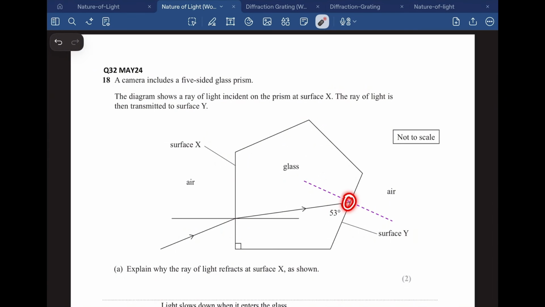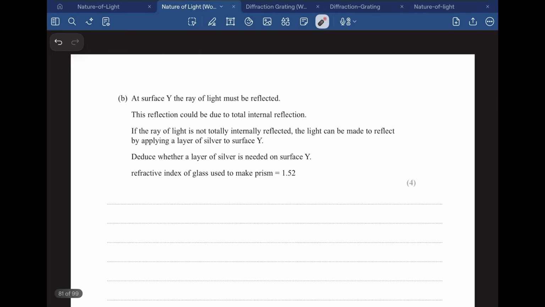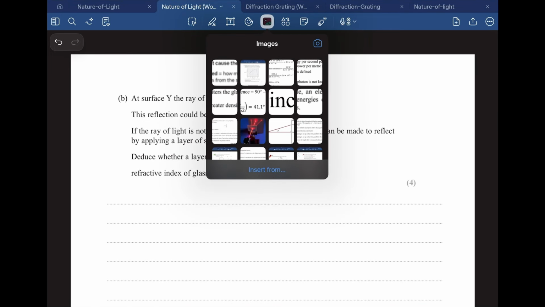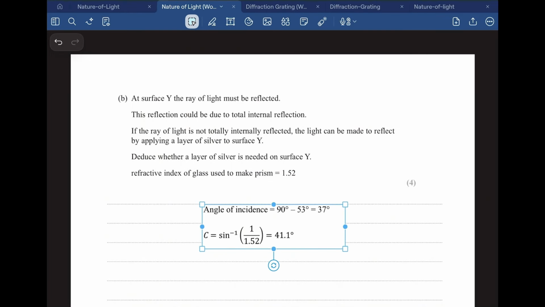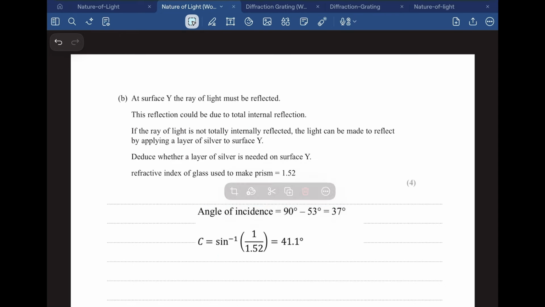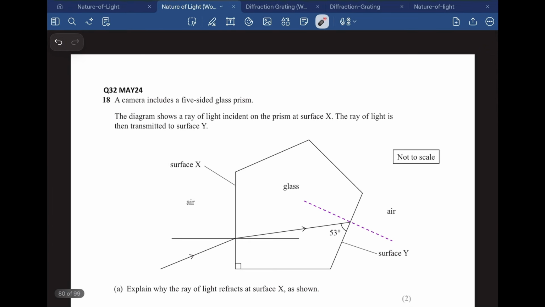As the normal is perpendicular to the surface, so it is definitely going to be 90 degree. And if this is 53 degree, then this is definitely going to be 90 minus 53, right? So that's how we are going to write that my angle of incidence is 90 minus 53, which is 37 degree. Now I have got my angle of incidence.